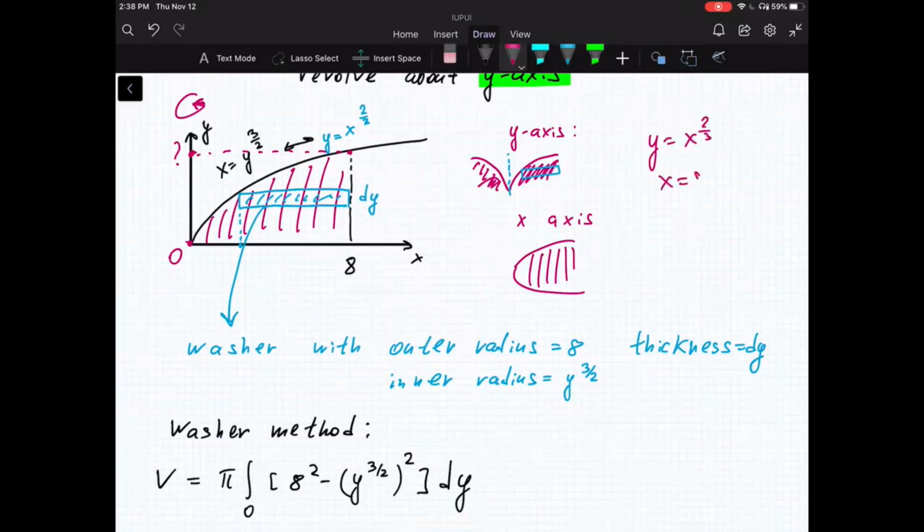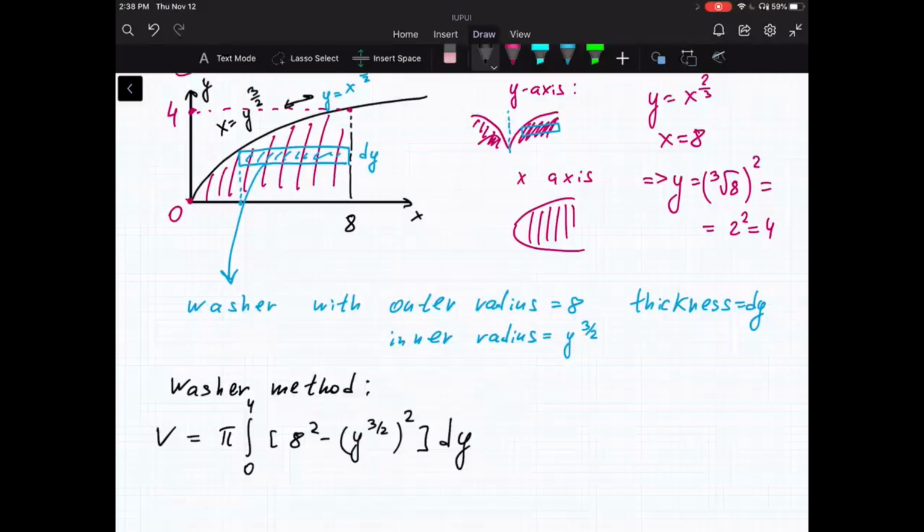And when x is equal to 8, then my y will be 8 to the power 2/3, or it is the cubic root of 8 to the power 2, or it is 2 squared, thus 4. So this upper limit is in fact 4. So I should integrate my function from 0 to 4.